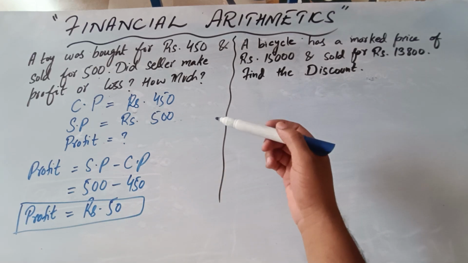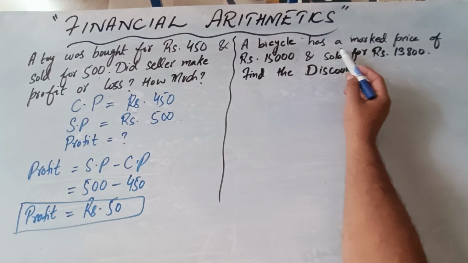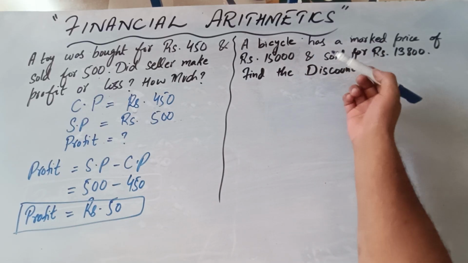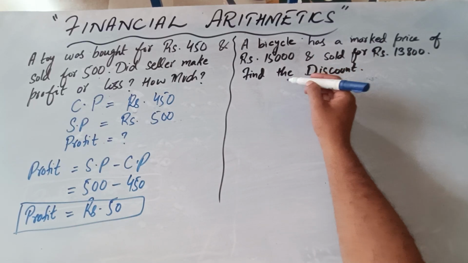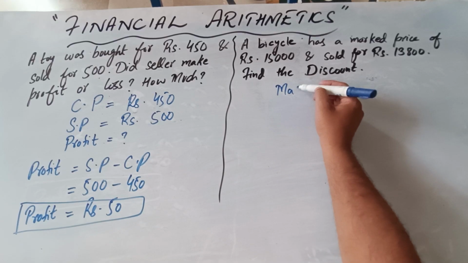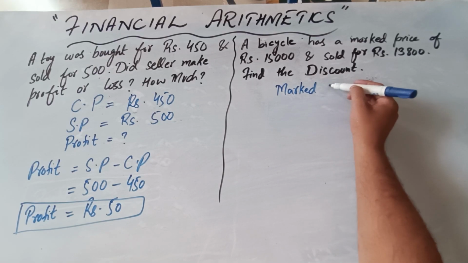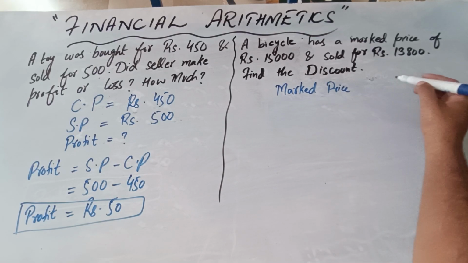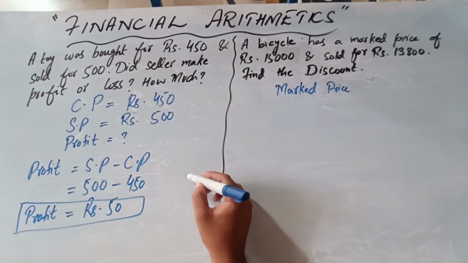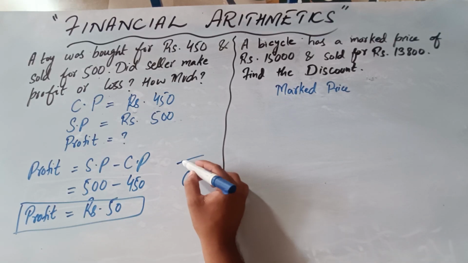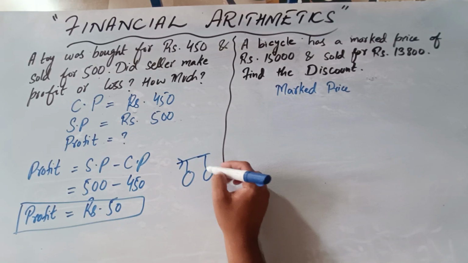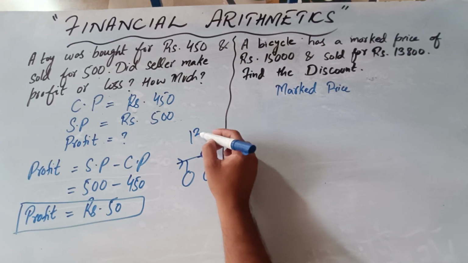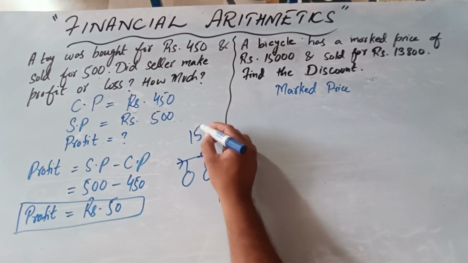Now look at another question. A bicycle has a marked price of, now the third terminology, marked price, has appeared over here. For example, there is a bicycle and the marked price of the bicycle is rupees 15,000.